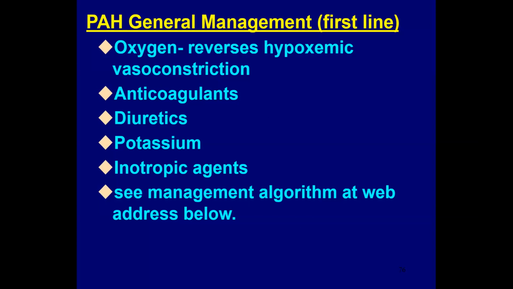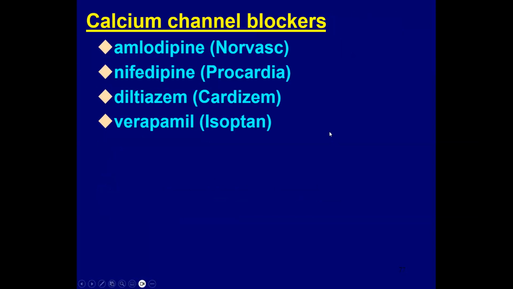And there is a management algorithm, and I just did not include it here, but there is an algorithm. Medications used include, first line, calcium channel blockers such as amlodipine, nifedipine, and diltiazem (Cardizem).